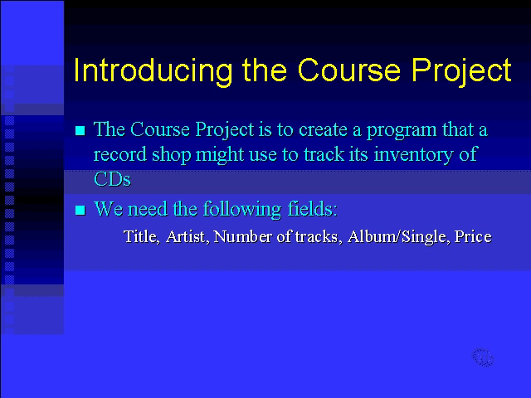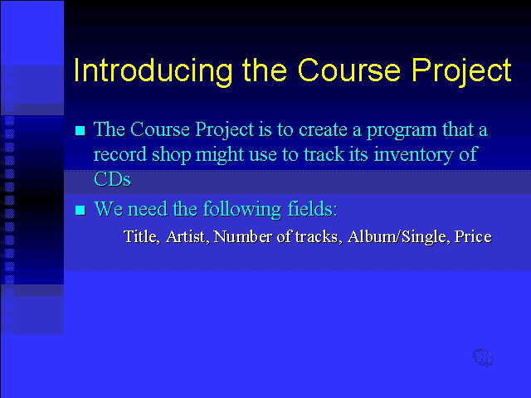Now, we're going to start with one CD. Our entire database program is only going to be able to handle one CD in the beginning. Later, we'll expand our program such that it can handle any number of CDs. We might start in the beginning with a limited number of CDs, and then we might extend it to an unlimited number of CDs.